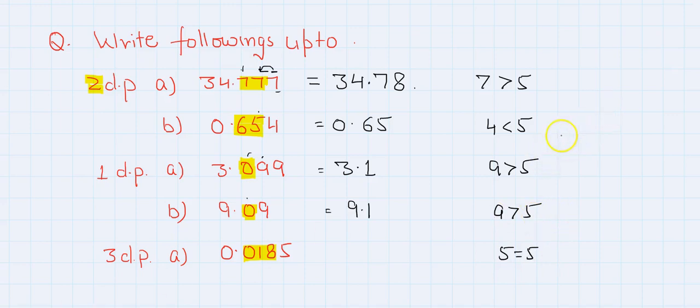As I told you, if we have to write up to 3 decimal places, then we have to check the 4th number. So this is 1, 2, 3. We have to check the 4th number. So here the 4th number is, if it is 5 or greater than 5, we round up. So here it is 5. So we round up, which means we are going to increase 1 here.